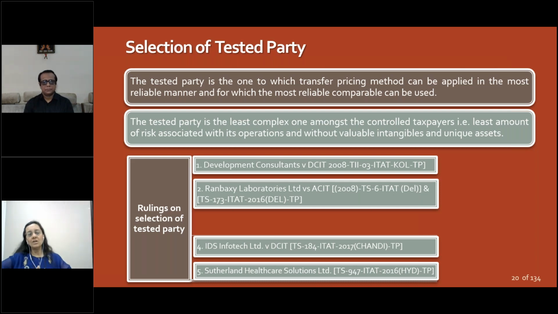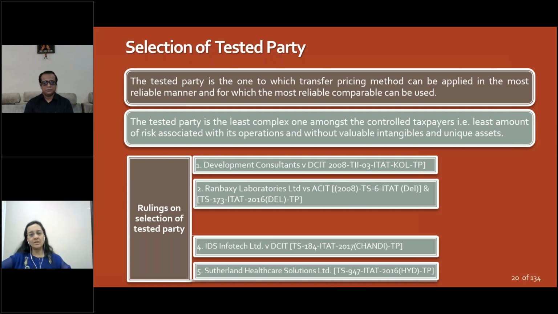So as far as our law is concerned, as far as chapter 10 is concerned, there is no definition of tested party. And so what we have in terms of guidance for who is the tested party is available either in the guidance note by the institute or by OECD, which has laid down the criteria to be the party to whom the transfer pricing method can be determined in the most reliable manner, for which most reliable comparables can be used.